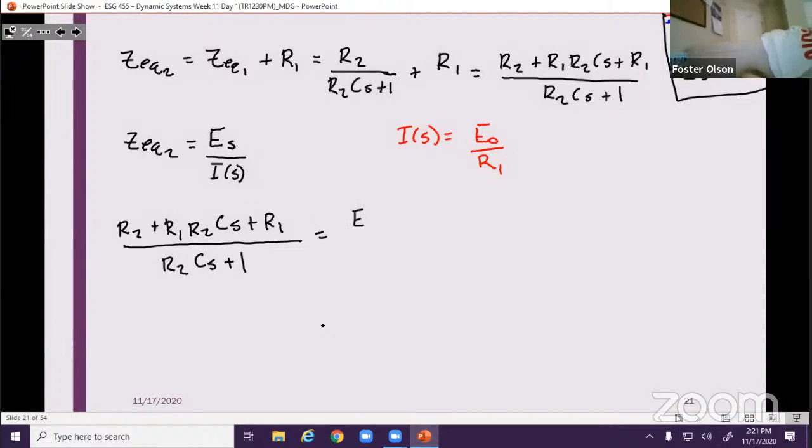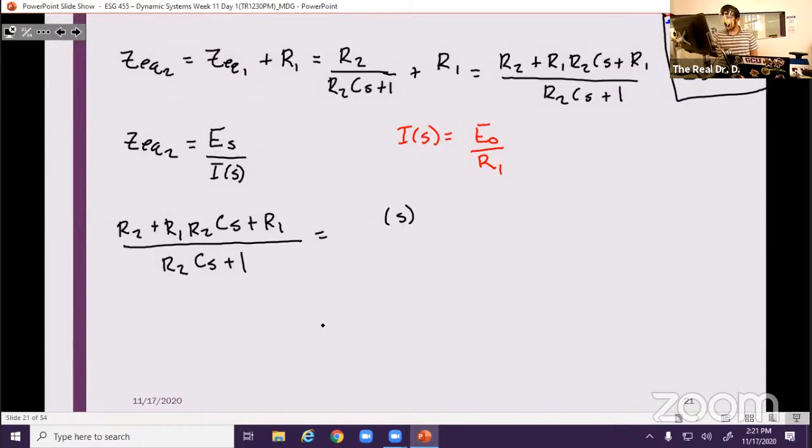This is equal to E sub S of S, it's E sub S, not E times S, E sub S of S over E out of S times R1, because 1 over E out over R1 is just R1 over E out, right? So, everybody okay with how I wrote that? Yes or no? Fine.